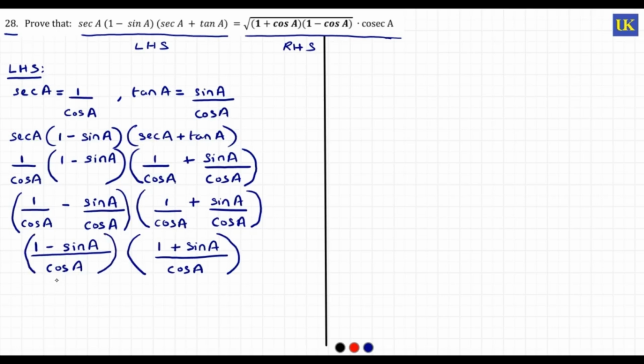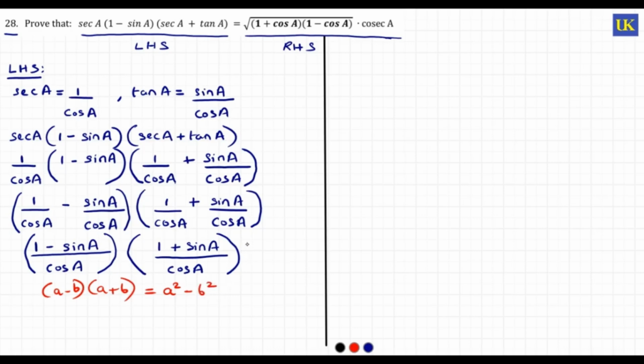Now we will multiply the top things and the denominators. For the numerator part, this looks like the formula a minus b into a plus b, and we know that this can be written as a square minus b square.